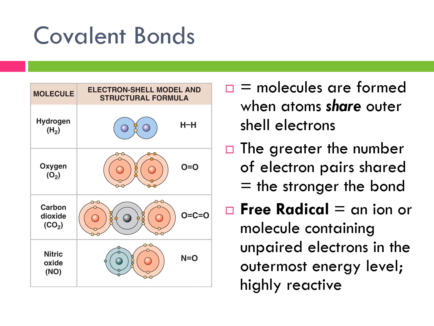So they're going to share these 2 electrons. So these 2 electrons are going to now go around both of those protons and be shared. And that makes what's called a covalent bond.